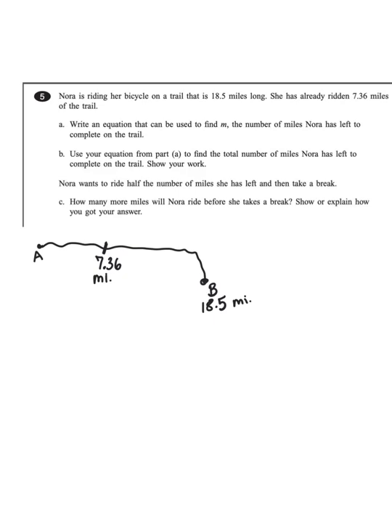Question A tells us to write an equation that can be used to find M, the number of miles she has left to complete on the trail. So this is a little bit of algebra. We need to label part A, and we're trying to find M. So I'm going to put M equals, and then I need to think about how to fill in an expression.